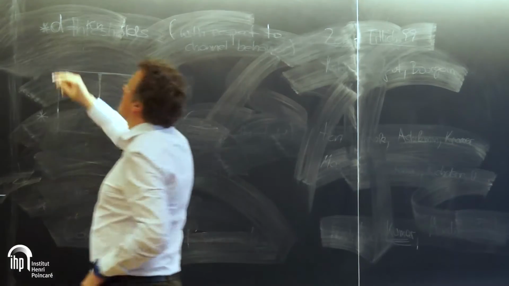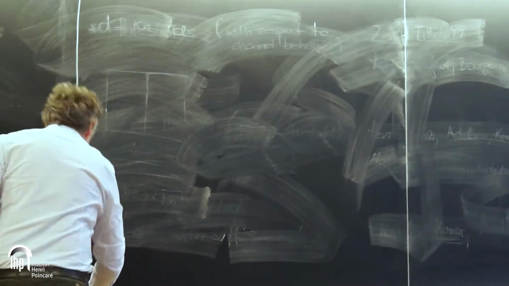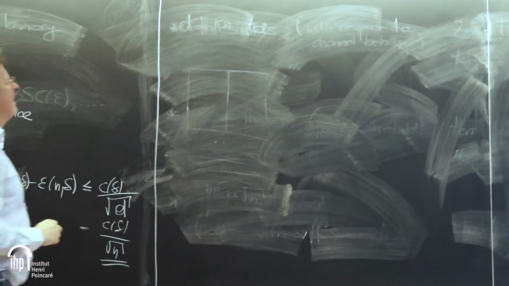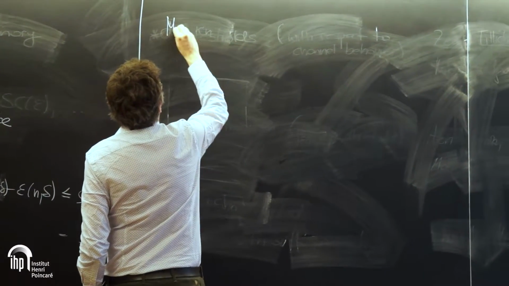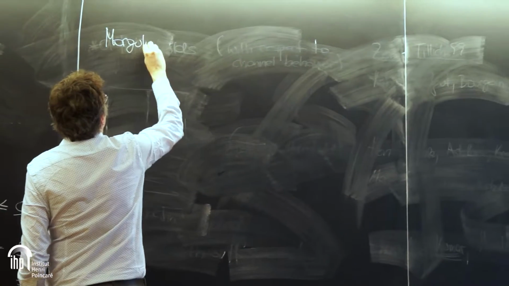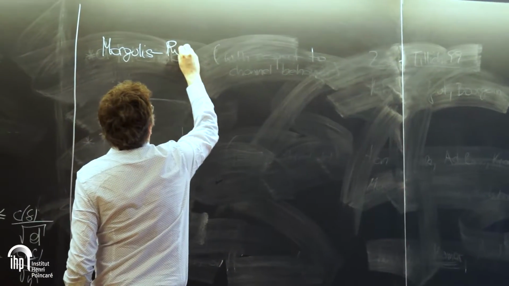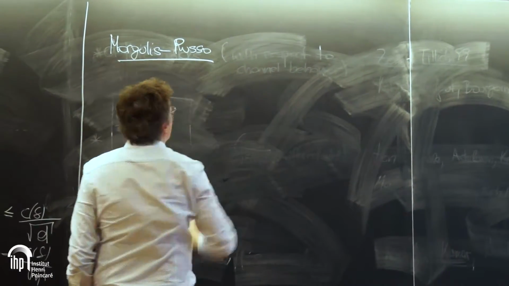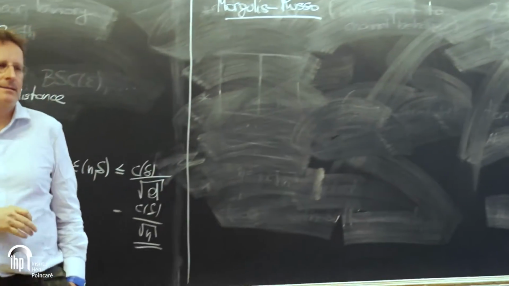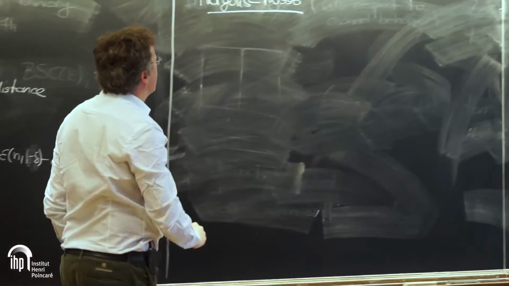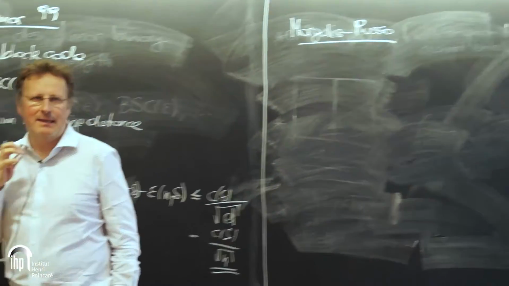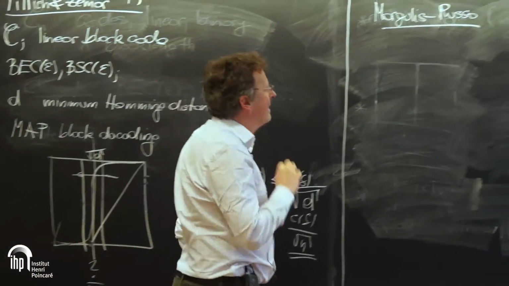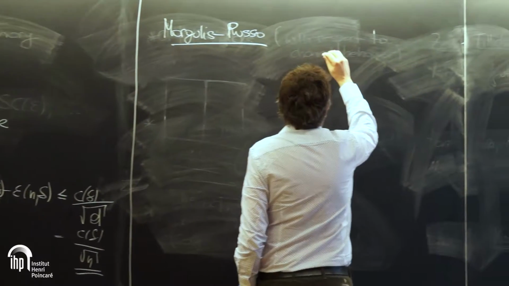In this, and also in the later results, the key will be an inequality that you can read up in the beautiful book by Gabor and his colleagues. It's Margulis-Russo. Let me just explain a little bit what the setup is, because we'll need it later on anyway.